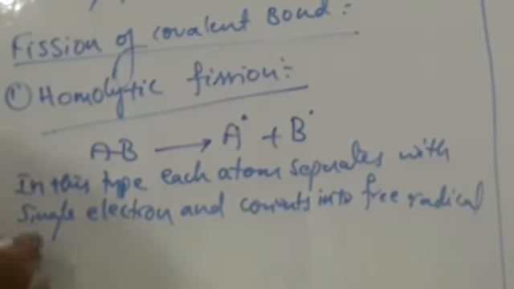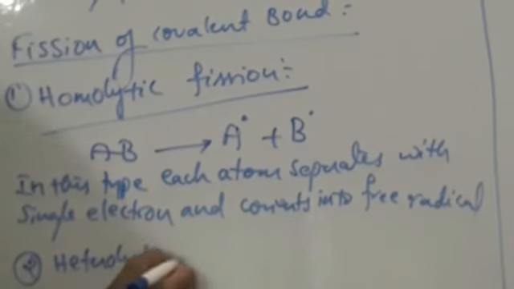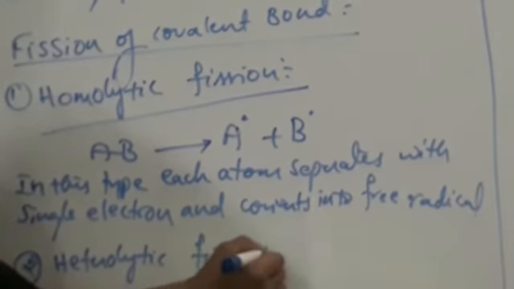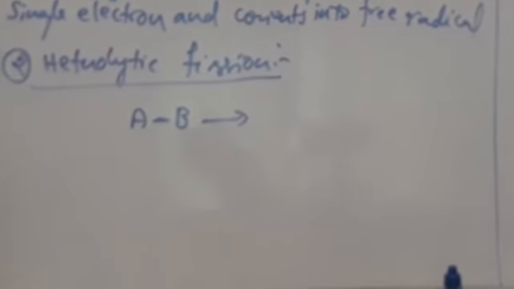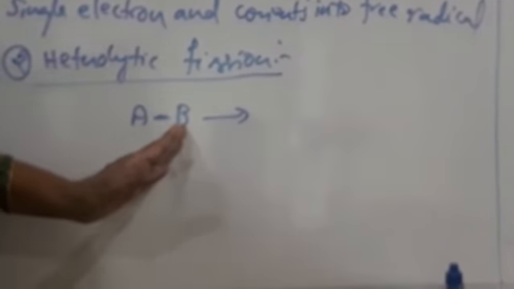Next, heterolytic fission. In heterolytic fission, for example, an AB molecule is there. Here the B atom is more electronegative than the A atom. During fission of the covalent bond, B gains the total electron pair; it attracts the total electron pair.